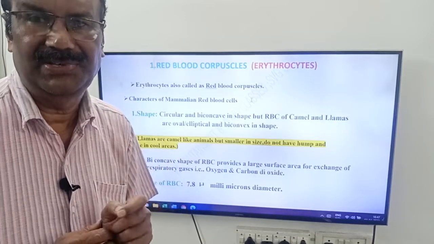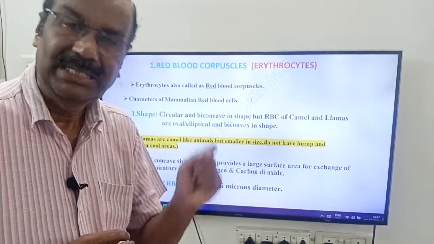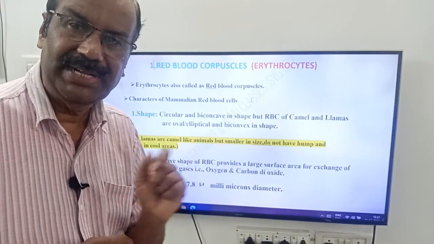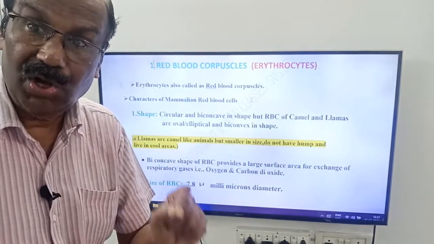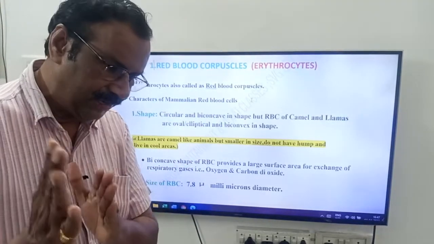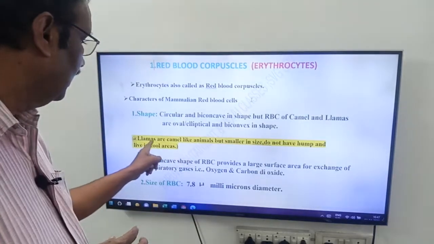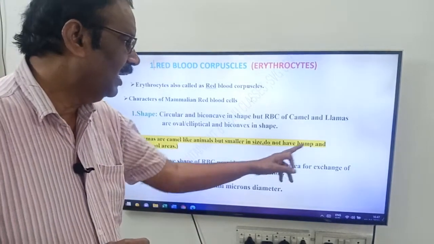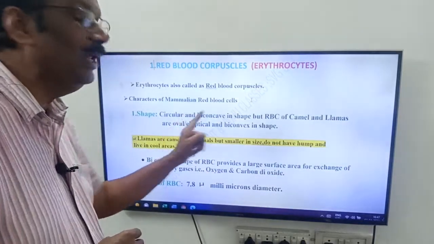It is small in size. It resembles camel. In camel and llama, the shape of the red blood cells is what friends? Biconvex or elliptical. Very important friends. See friends, llamas are camel-like animals but smaller in size, do not have a hump and live in cool areas.